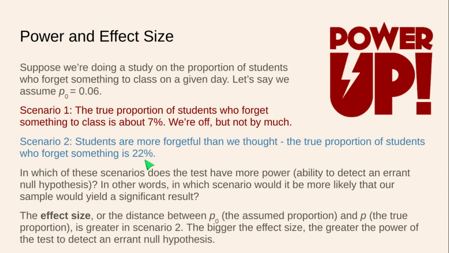That means the effect size is somewhere in the ballpark of 16%, give or take. That's a big difference compared to an effect size that would be significantly smaller. Guess I didn't need to say that. The bigger the effect size we find, the greater the power of the test to detect an errant null hypothesis.